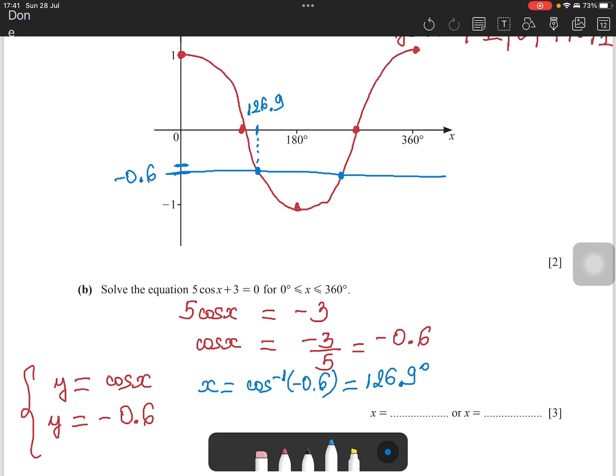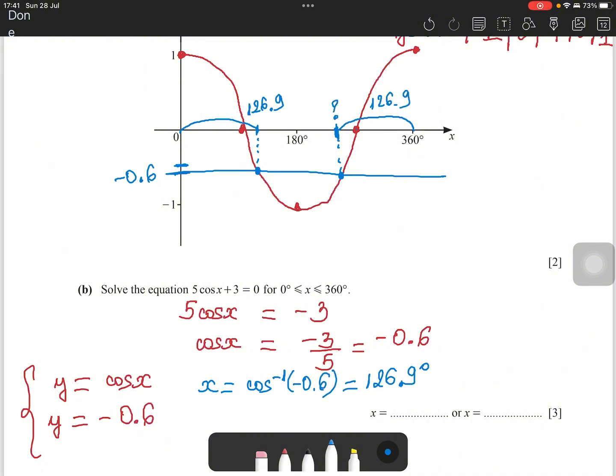And we know that the distance from 0 to 126.9 is the same as from the second point to 360. This one is also 126.9.